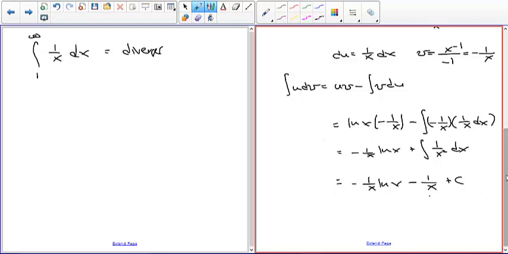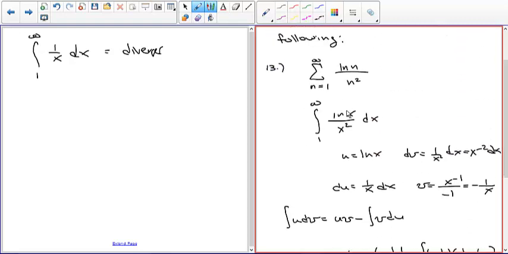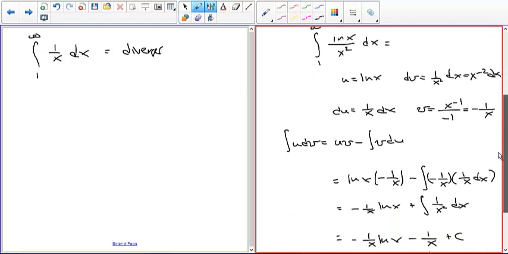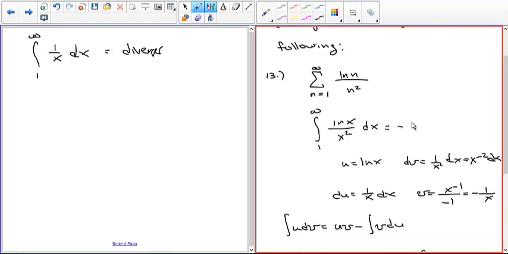Let's plug it back in here now. So it would be negative 1 over x, natural log of x, minus 1 over x, evaluated between 1 and infinity.